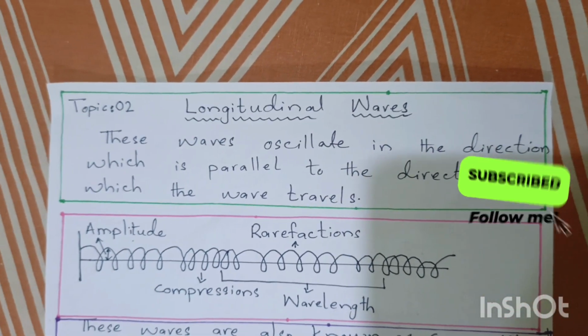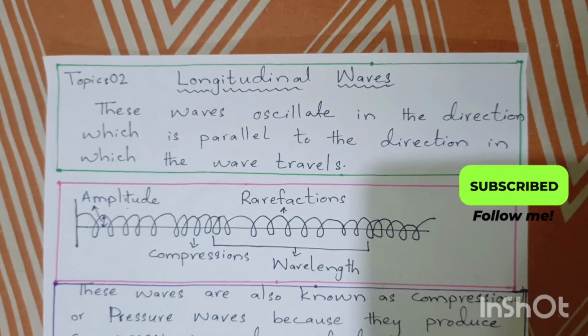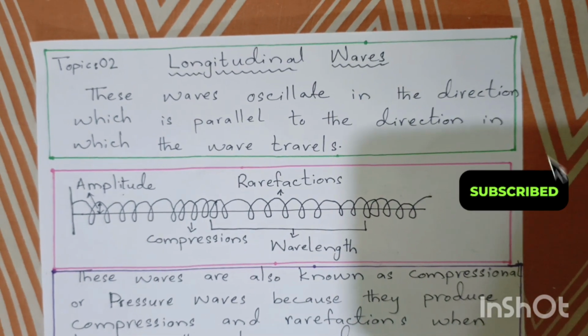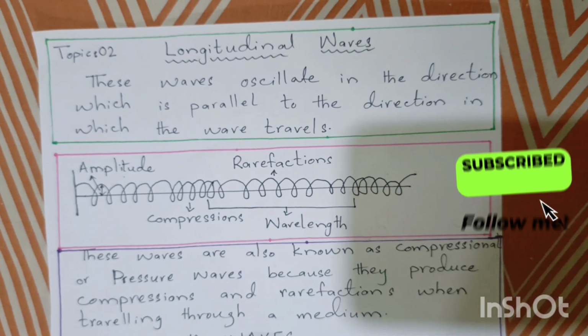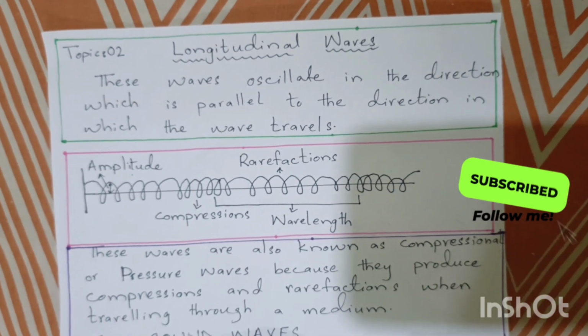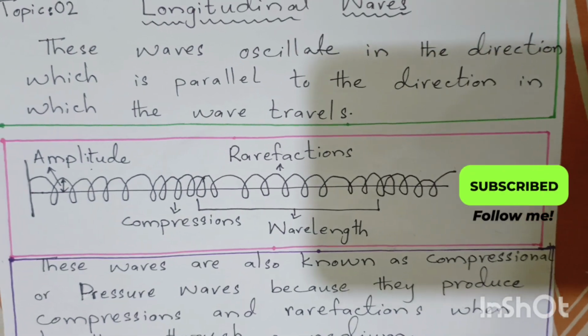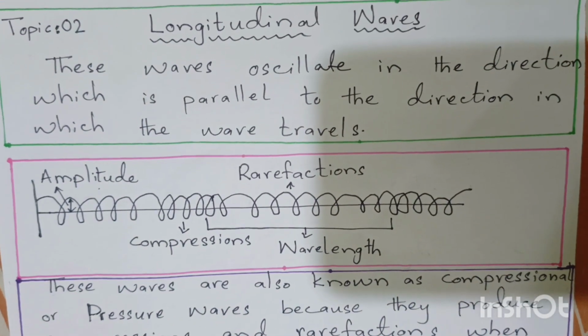So basically, I have always tried to explain to my students in such a way that the concept gets clear. Look at the word longitudinal. Long itself means wide, long. So when we talk about longitudinal waves, it means they are going straight, right?